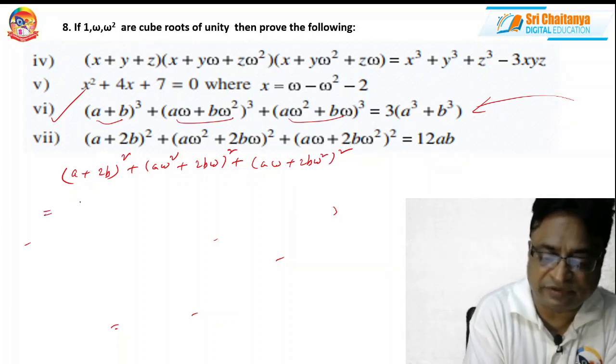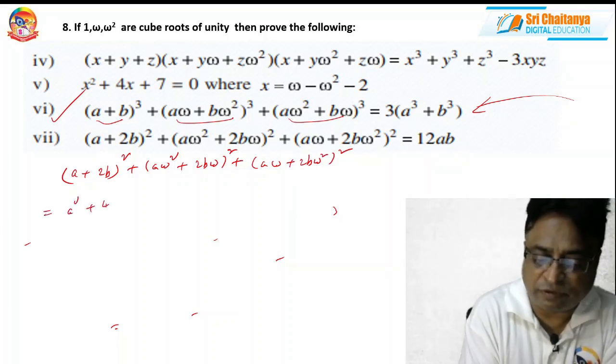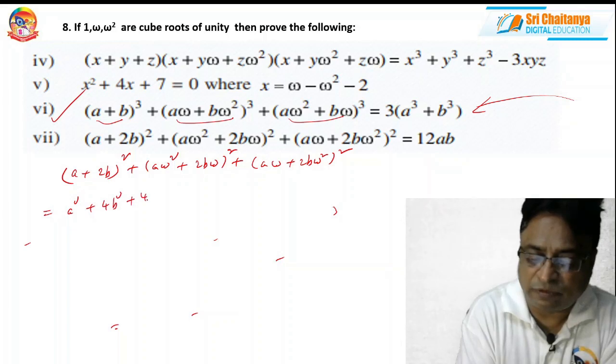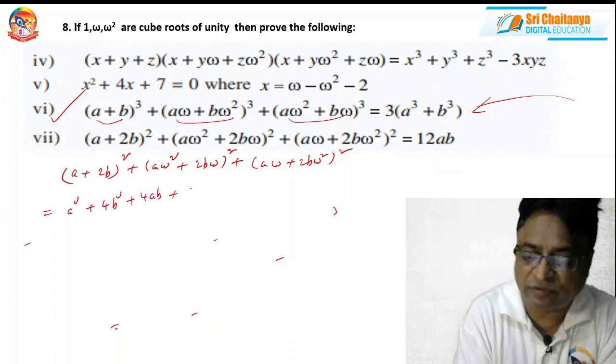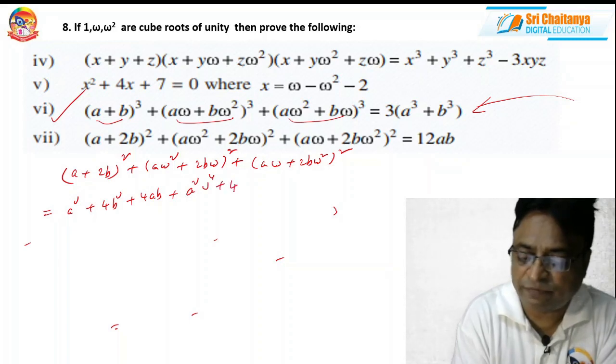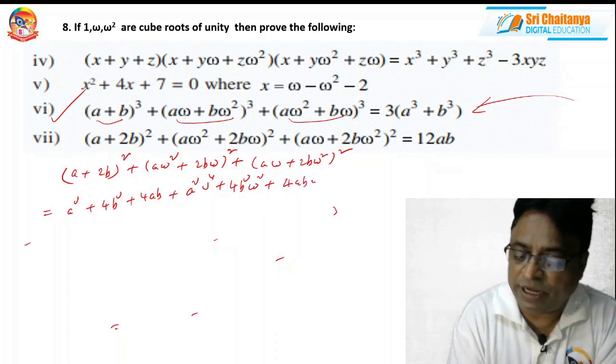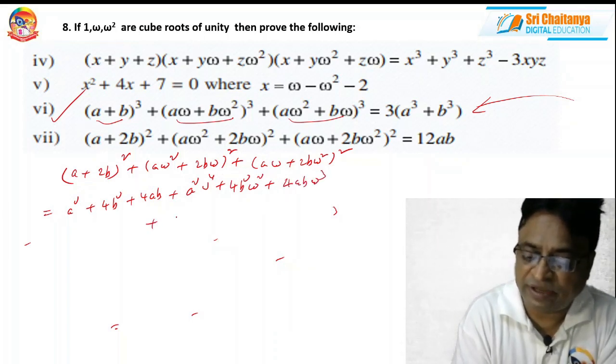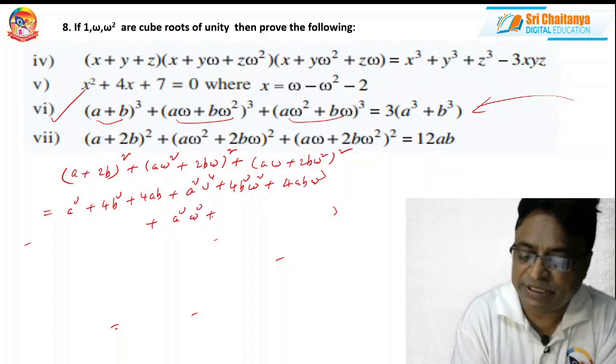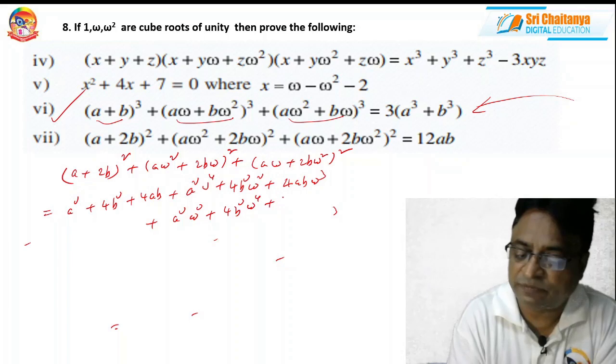This I can write as a square plus 4b square plus 4ab, plus a square omega power 4 plus 4b square omega square plus 4ab omega cube, plus a square omega square plus 4b square omega power 4 plus 4ab omega cube.